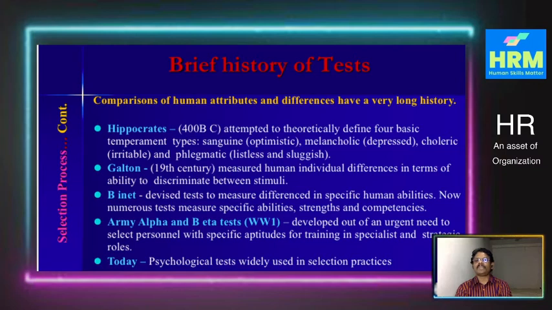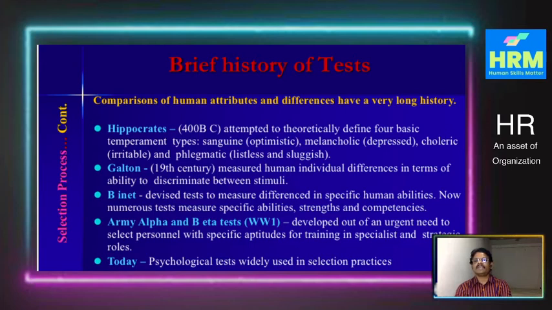Now numerous tests measure the specific abilities, strengths and competencies. Right? Army Alpha and Beta tests in World War One developed out of an urgent need to select personnel with the specific aptitude for training in specialized and demanding roles. Right. So this is another important thing.